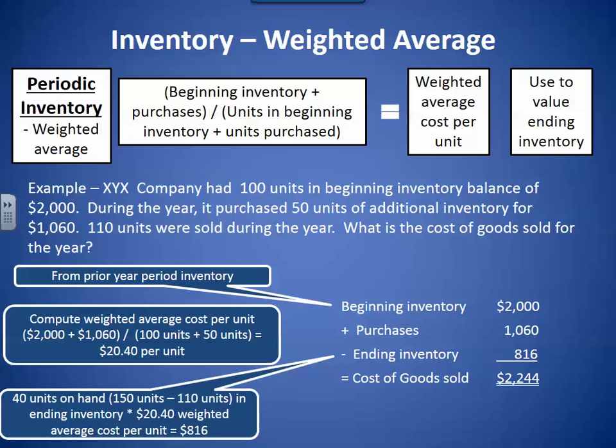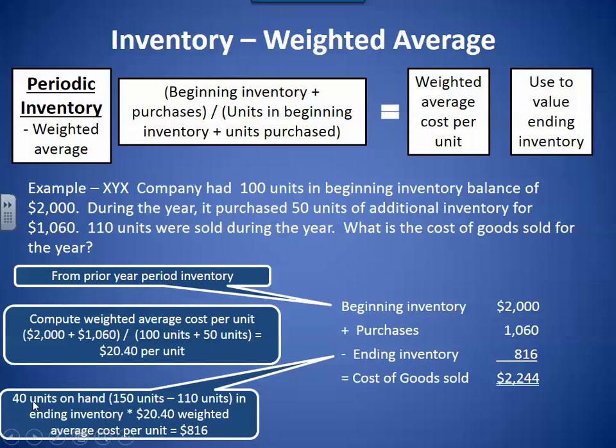The way we get that is we had 100 units to begin with. We purchased 50 units during the accounting year, which means we had 150 units, and we had 110 units that were sold during the year. So it's 150 units beginning inventory plus our purchases minus 110 units that were sold. So the net of the two is 40 units that are in ending inventory.